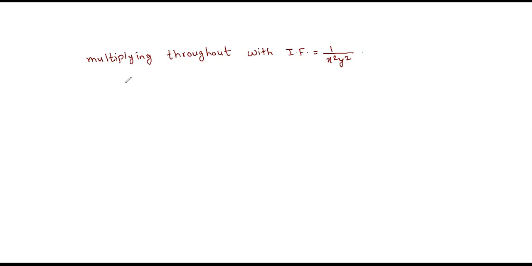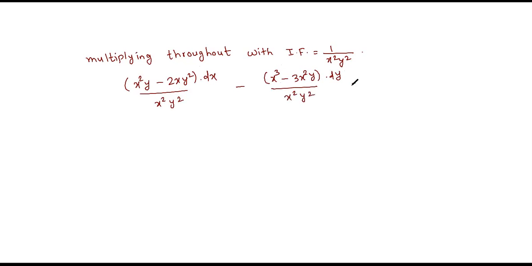See here, what is our equation? (x square y minus 2xy square) into dx upon x square y square minus, see I am multiplying throughout with the integrating factor, 3x square y into dy upon x square y square, which is equal to 0.